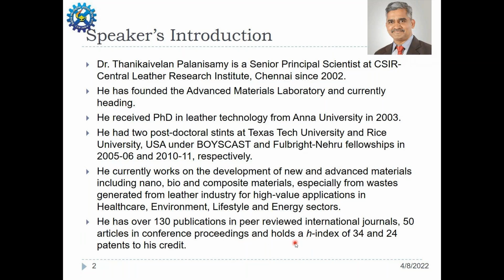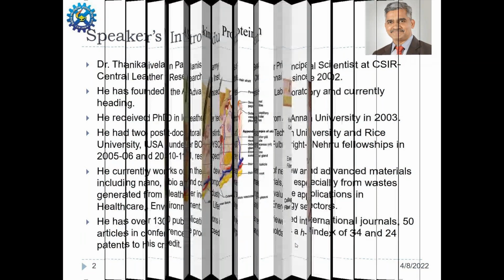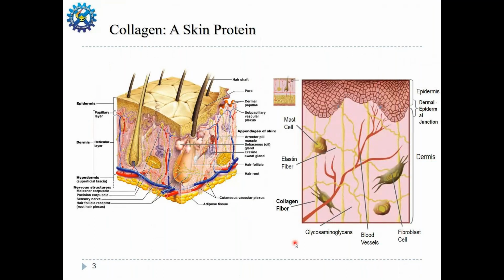Let me go into the details of my presentation. Basically, leather is a material which is derived from animal skins. And if you look at it scientifically, the skin protein is known as collagen. This is the skin structure where predominantly it is collagen fibers and fiber bundles. Along with that, you have a variety of other proteins and matrix materials present in it.